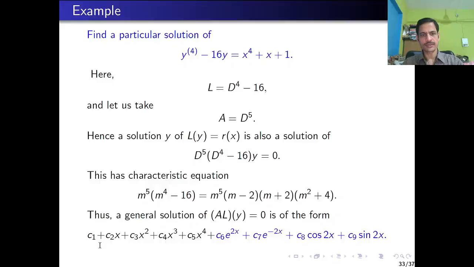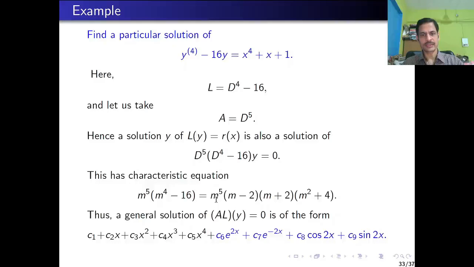And the general solution for ALy equal to 0 is C1 plus C2 x plus C3 x square plus C4 x cube plus C5 x raised to 4 plus C6 e raised to 2x plus C7 e raised to minus 2x plus C8 cos 2x plus C9 sin 2x. Obviously, because the m raised to 5 term appears in the characteristic equation, it corresponds to 0 being a root of the characteristic equation.